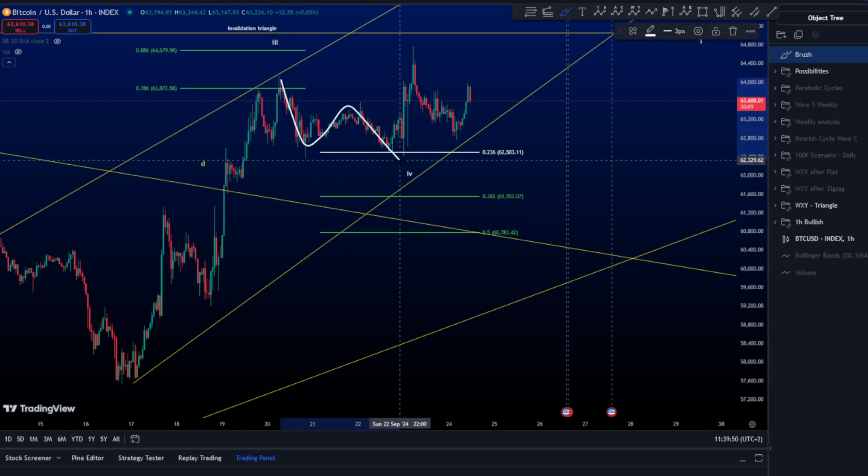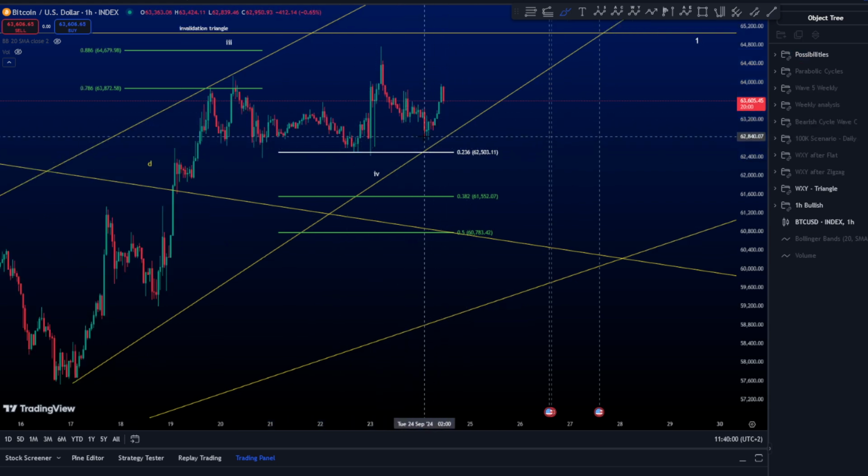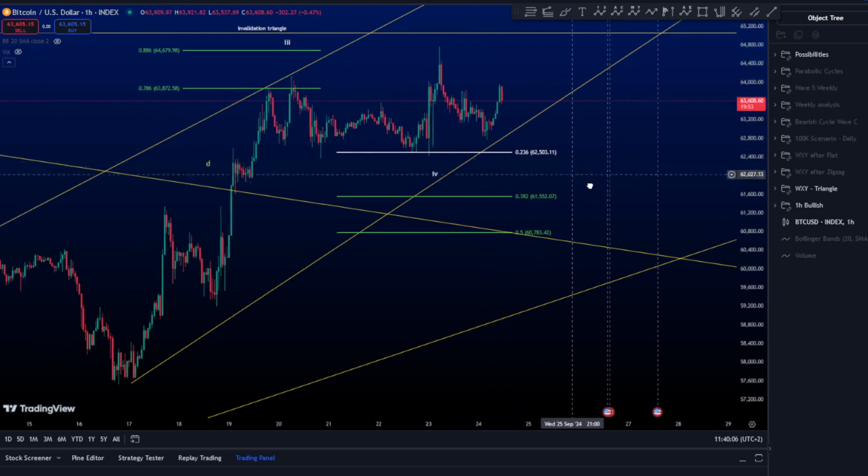Your W is a flat, your X is a zigzag, and your C is a zigzag again. A double zigzag WXY. So possibly we are looking now again for a little bit of continuation towards the upside. This is what we want to see.